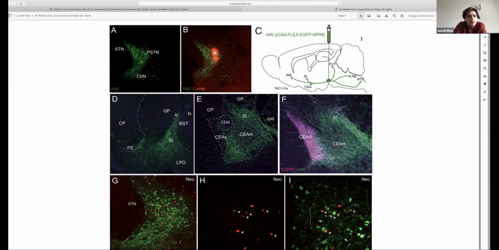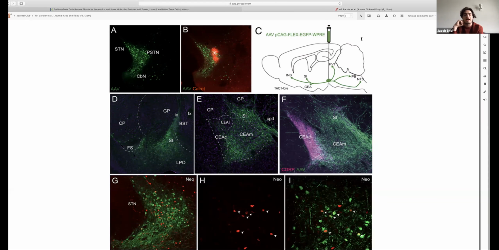This one. Yeah. So here they're switching to mouse, and so they wanted to first check the anatomy and make sure it was similar to what happened in the rat. And so C is just a diagram of overall what they did.